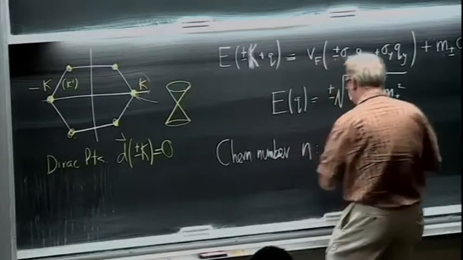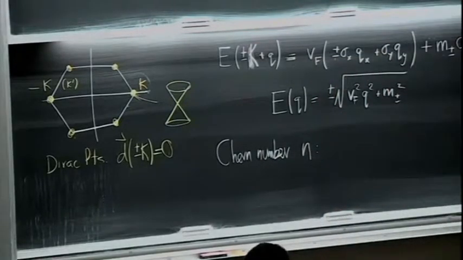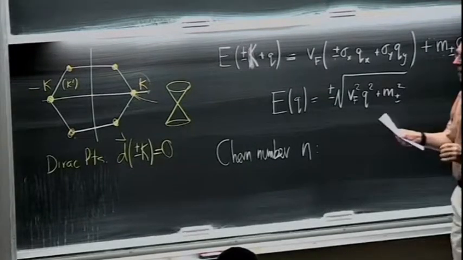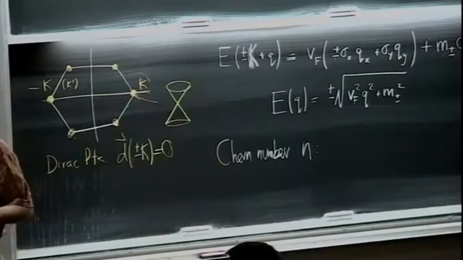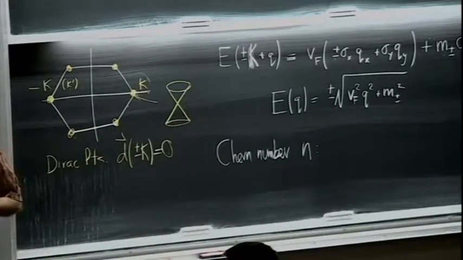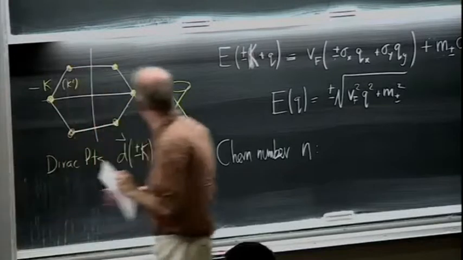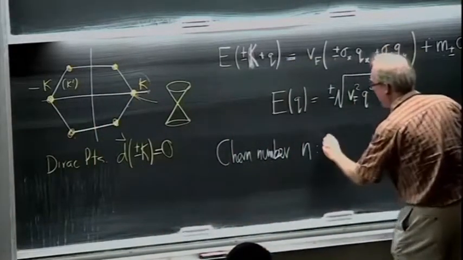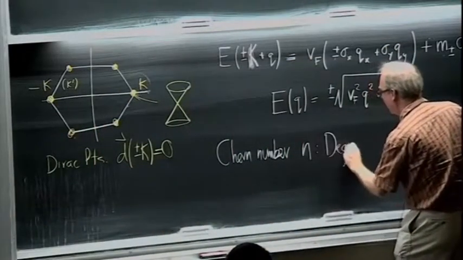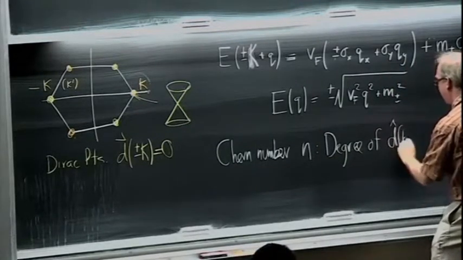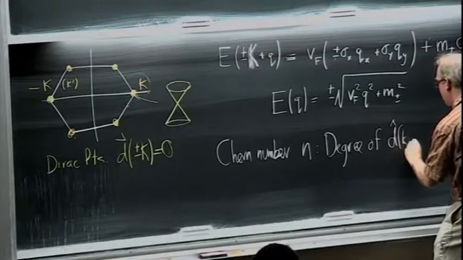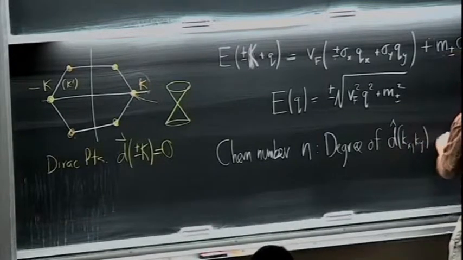So remember, the Chern number n, yesterday I called it the wrapping number for this vector d. And Nick told me that that's actually not the correct technical term. The correct term is the degree of d of kx and ky, on S2.